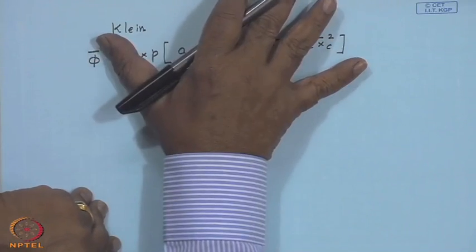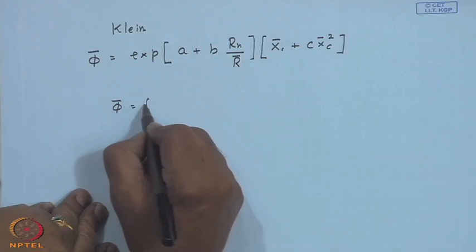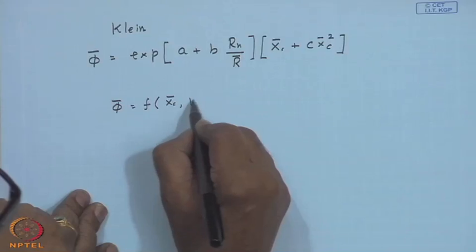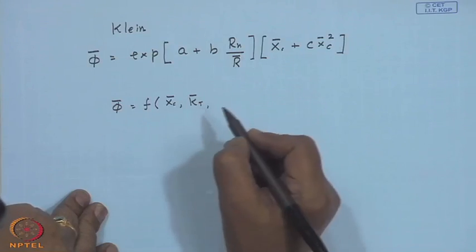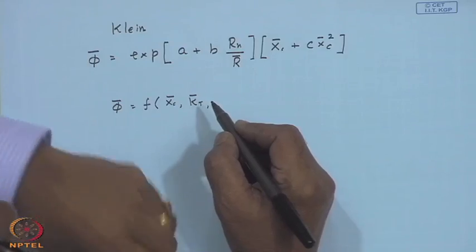If you do not have the relation, I would expect my phi bar to be a function of obviously X c bar, very strong, and K T bar, very strong, because K T bar will decide the sequence of the clearness indices, or the cumulative frequency distribution, the uniformity or non-uniformity of the clearness indices, as we have already demonstrated. A non-uniform distribution is likely to give us a higher utilizability than a uniform distribution, particularly at higher critical levels.